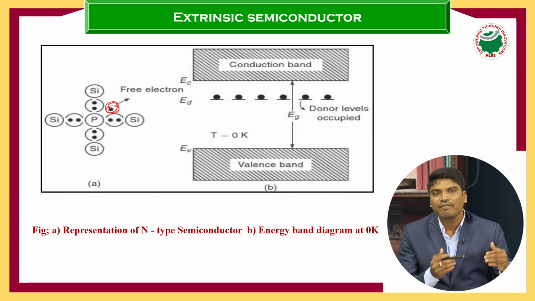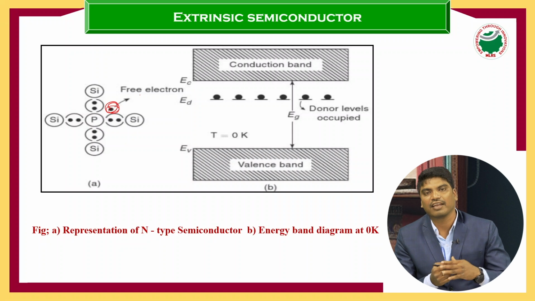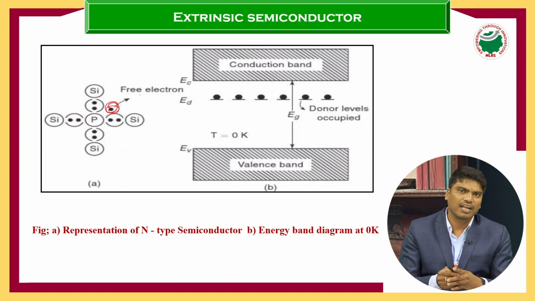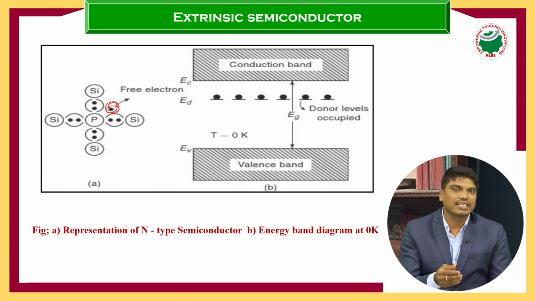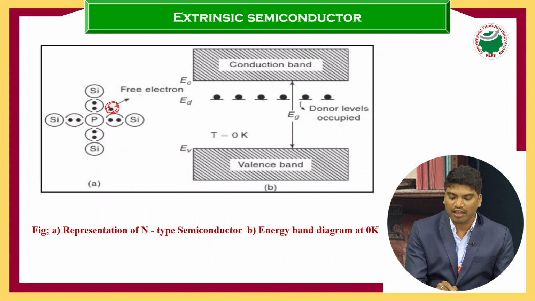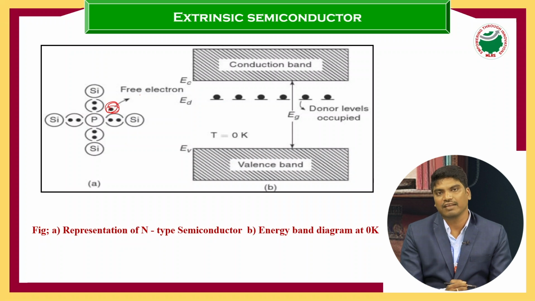When I add the pentavalent element to an intrinsic semiconductor, which has only 4 valence electrons, it needs just 4 electrons for stability. I am giving 1 electron additionally. These electrons are accommodated in a special energy level called the donor energy level.